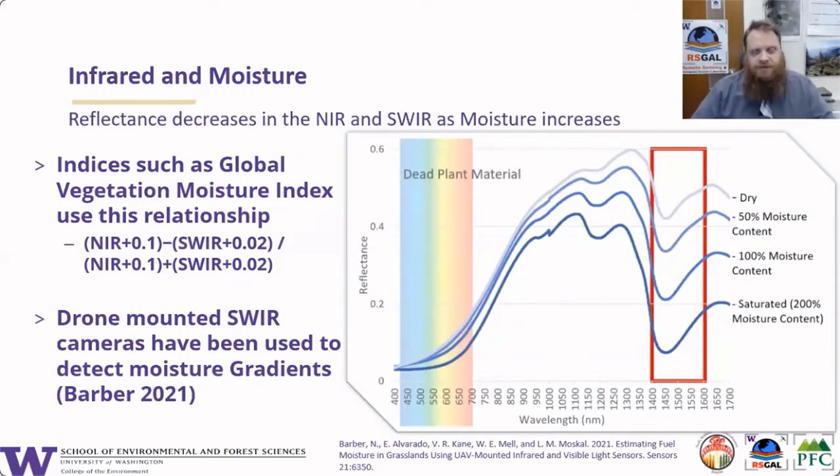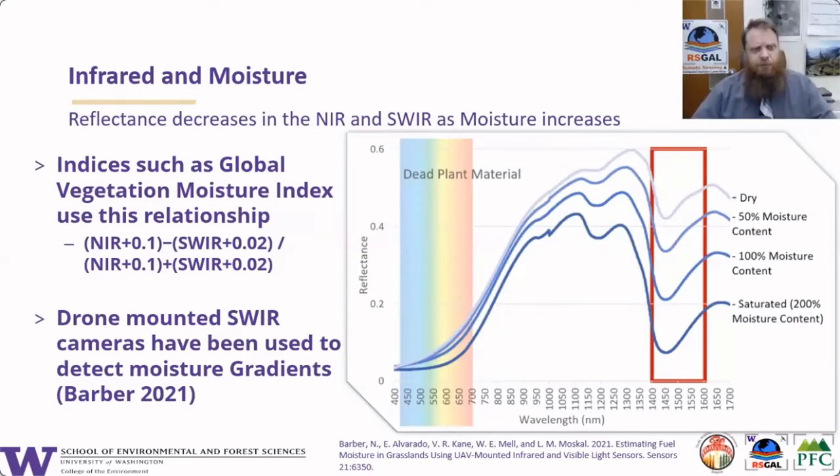Here's a conceptual diagram of dead plant material, showing that saturated dead plant material is highly absorbent of the energy in that section, whereas as the material dries, more and more energy is reflected. The important thing to note here is that the width of difference is much greater at around 1400 to 1500 nanometers than in the lower wavelengths.